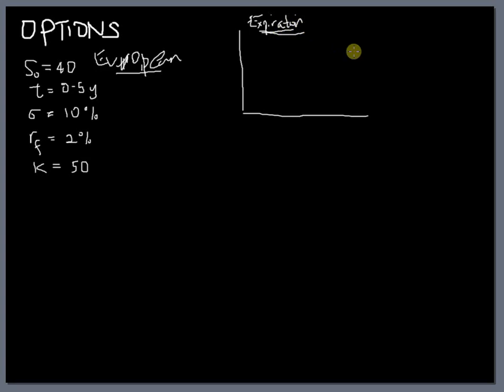So on expiration, let's look at it from the point of view of a buyer. We have strike 50, so let's start with 50 here. Spot 40. Imagine that you are a buyer. If the spot at maturity, at the end of 6 months, is somewhere here, let's say 60, how much do you make?